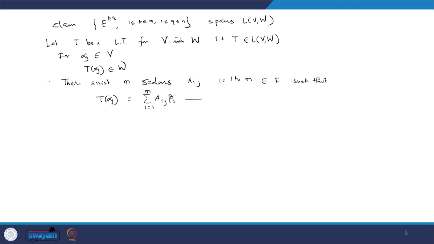So, I will have it like this. So, for any fixed T, as alpha j I have picked from the ordered basis of V, we have written T alpha j like this.